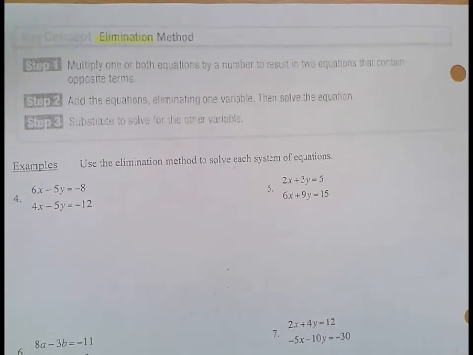The whole goal, though, if you really think of the names of these methods, when you solve by substitution, your second step is substituting. That's why it's called substitution. If you're solving by elimination, our second step is eliminating a variable. So the method kind of tells you what the whole goal of the method is.